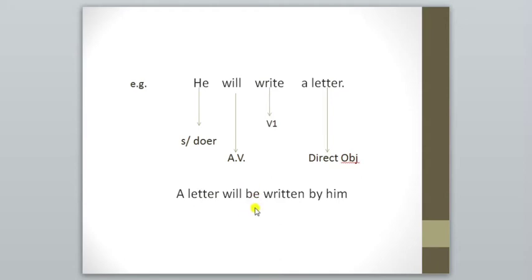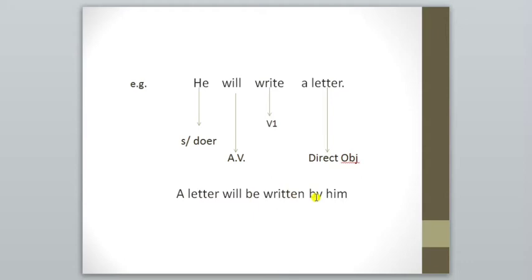A letter will be. V3 means past participle of the verb. See in question, what is the present tense verb? That is write. Write, wrote, written. And written is the past participle of the verb. So we have written here what? Written. A letter will be written by.